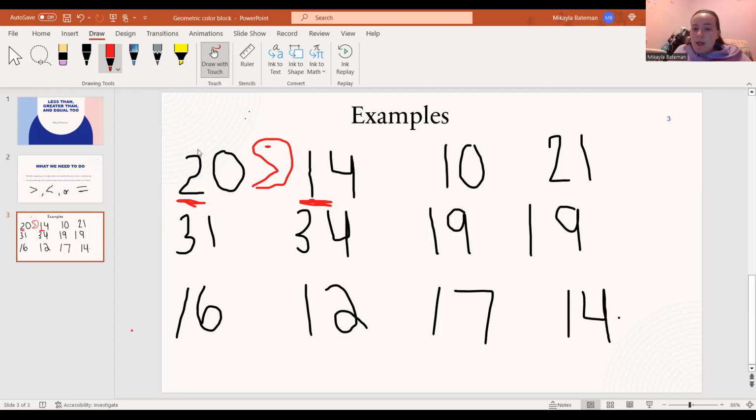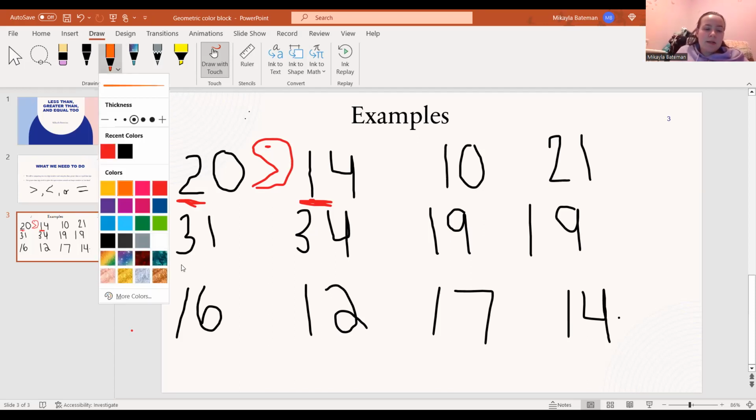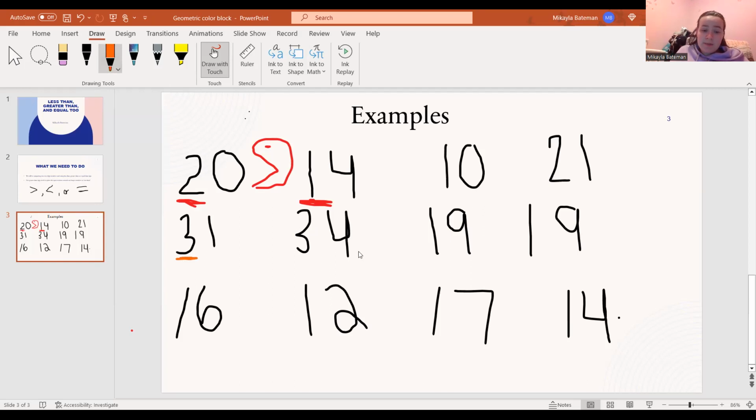Next, we have 31 and 34. Again, let us look at the tens place. We will see that both tens places are 3s, and 3 is equal to 3. We're going to next look at our ones place.